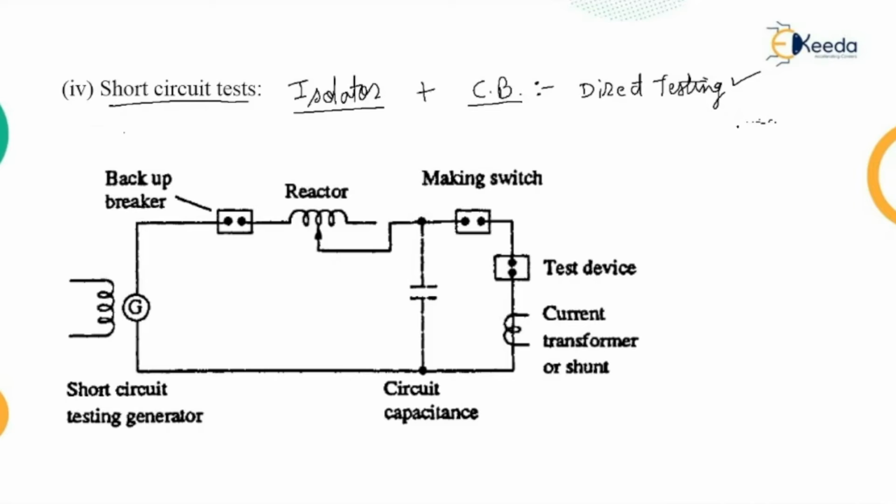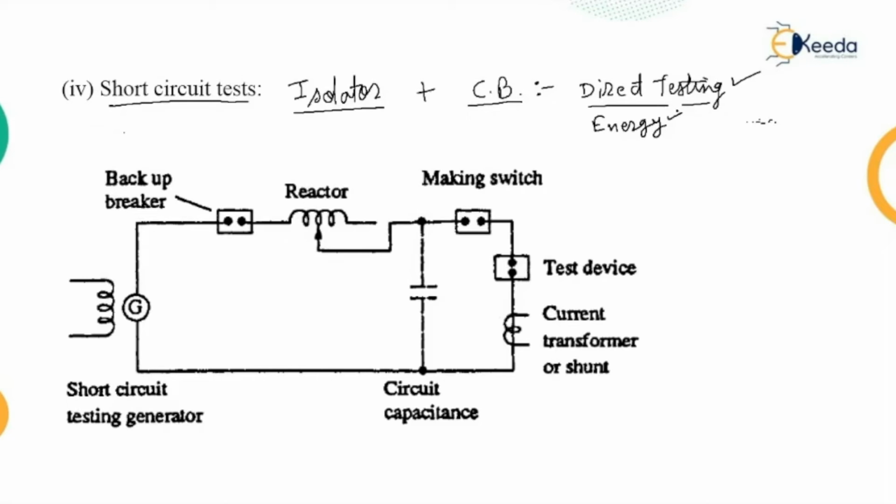This is done during a period of limited energy consumption. As we are doing the direct testing, the availability of energy is to be checked. If the availability of energy is less, then it is a good period to test the circuit breaker in network condition.